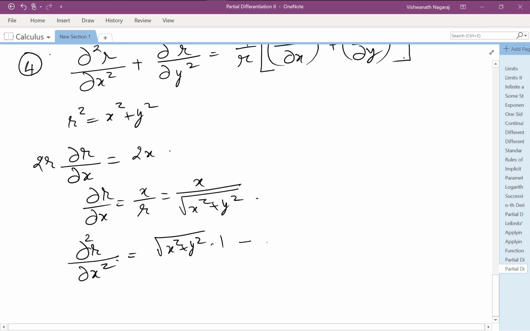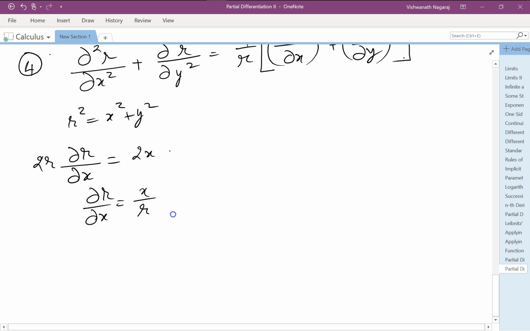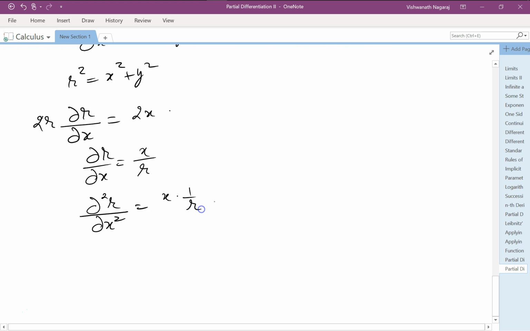times 1 minus. Now to keep the calculation simple, let's do one thing. Let's go back here and let's not substitute r. Okay, let it be like this. So now what happens? Dou square r by dou x square is equal to x times 1 by r. If we do it like this, then what happens?